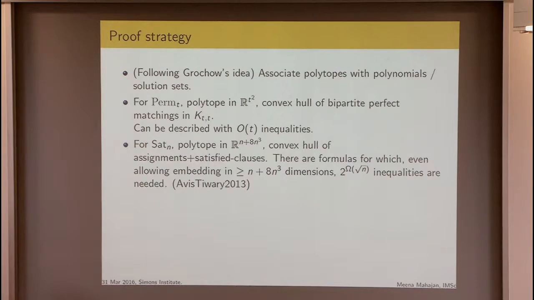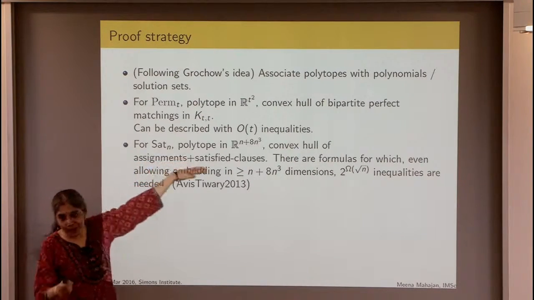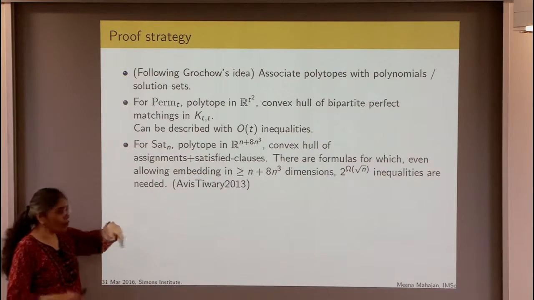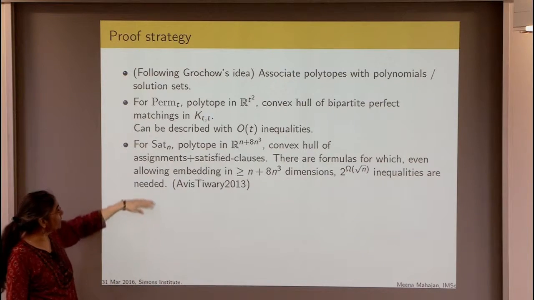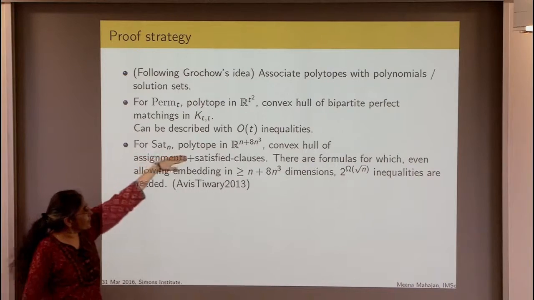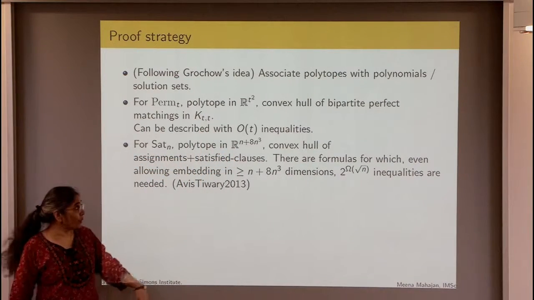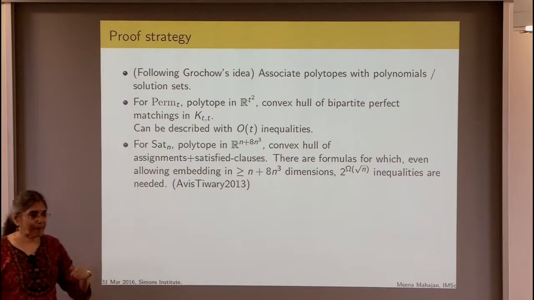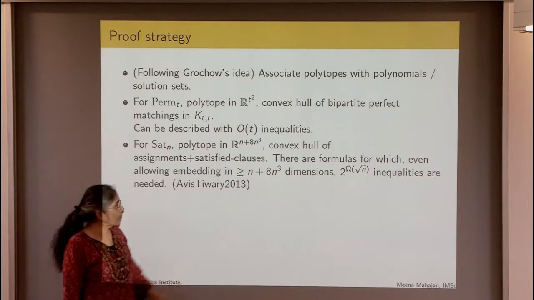For satisfiability, this is also the Newton polytope: you look at the vectors of degrees of monomials in the polynomial and then you take their convex combination. So for the satisfiability polynomial that we looked at, we have this polytope in n plus 8n^3 dimensions, but actually the first n bits completely dictate what happens in the remaining 8n^3 positions.